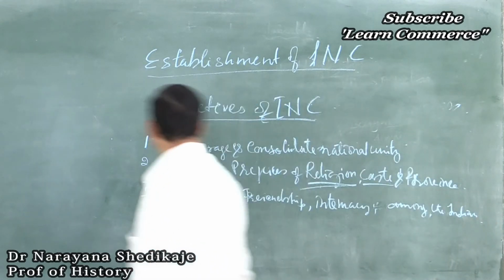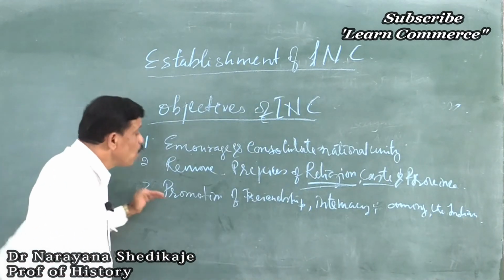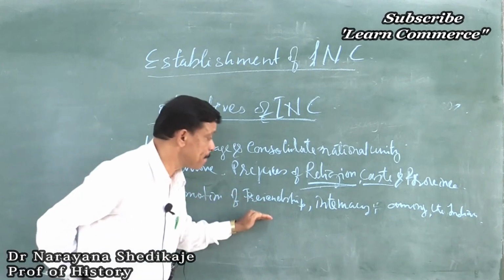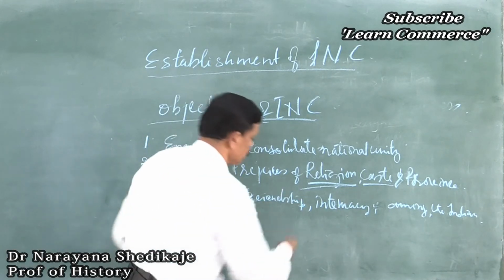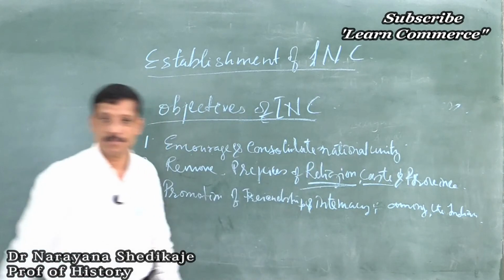What is another important objective of Congress? The promotion of friendship and intimacy among the Indians.